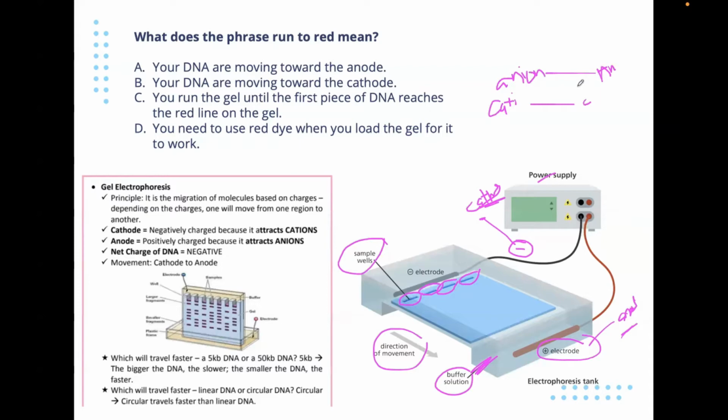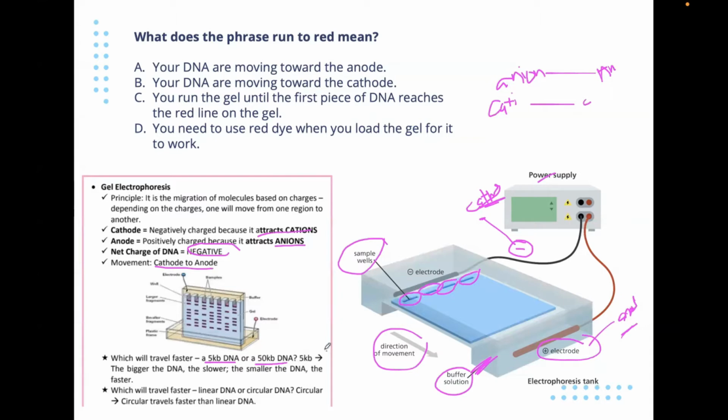I hope I made myself clear. Your cathode is negatively charged because it attracts cations, and your anode is positively charged because it attracts your anions. Since the net charge of your DNA is negative, it automatically goes to your anode. The movement will be from cathode to anode. For example, which will travel faster, your 5 kb DNA or your 50 kb DNA?